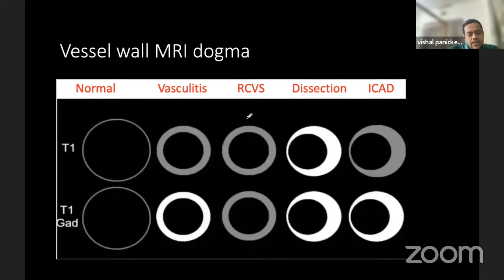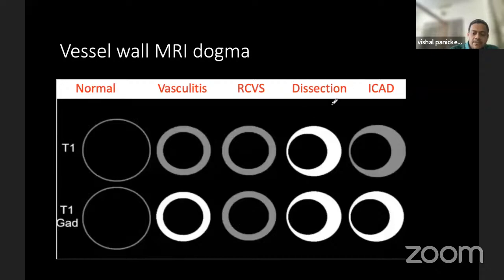In RCVS, there is contraction, that is myosin actin overlapping, which leads to media thickening, and the vessel lumen will be narrowed, and there will not be any inflammation and no gad enhancement.